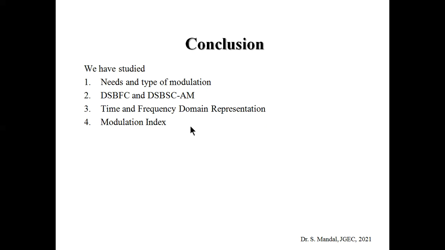After that, we studied the modulation index based on the ratio of the amplitude of the carrier and the message signal. We can classify the modulation into three types: over, under, and critical. Under and critical are the expected scenarios, but over modulation is not a desirable condition. So the maximum value of the modulation index is 1.